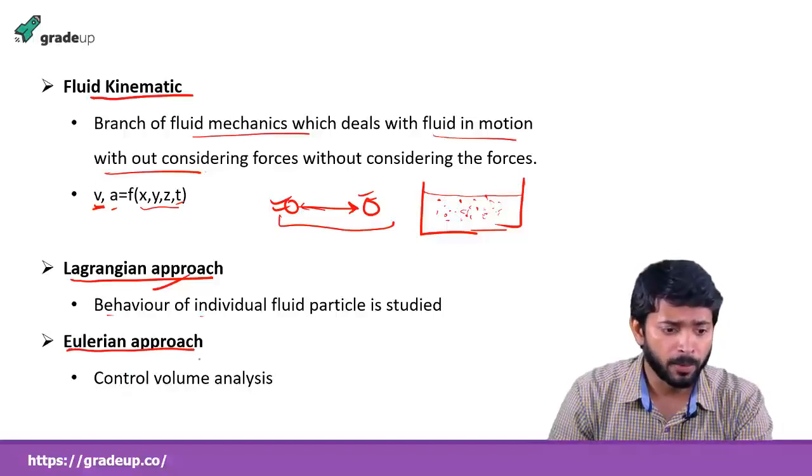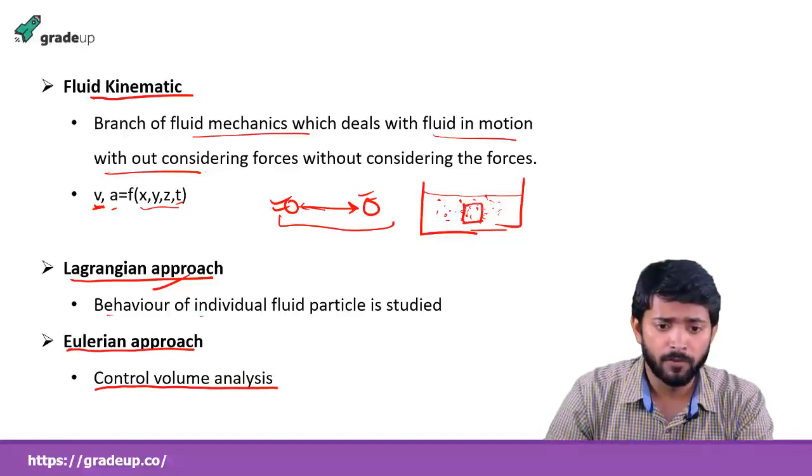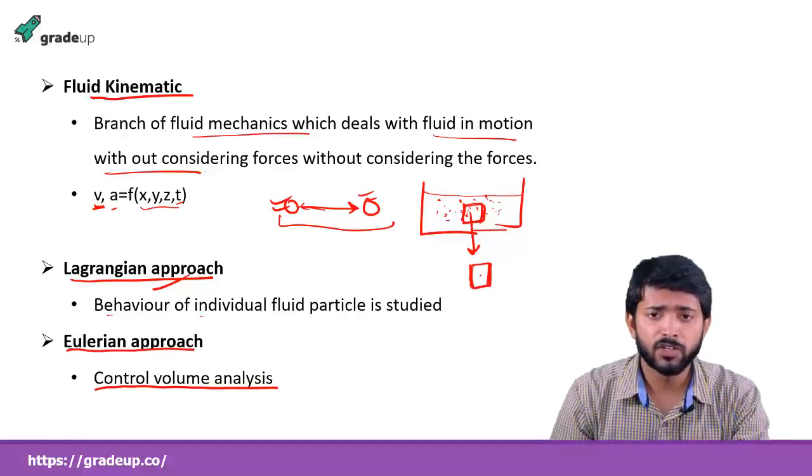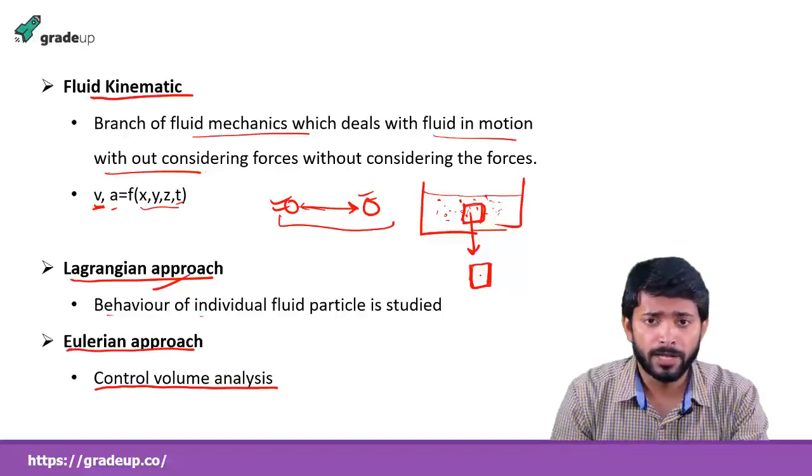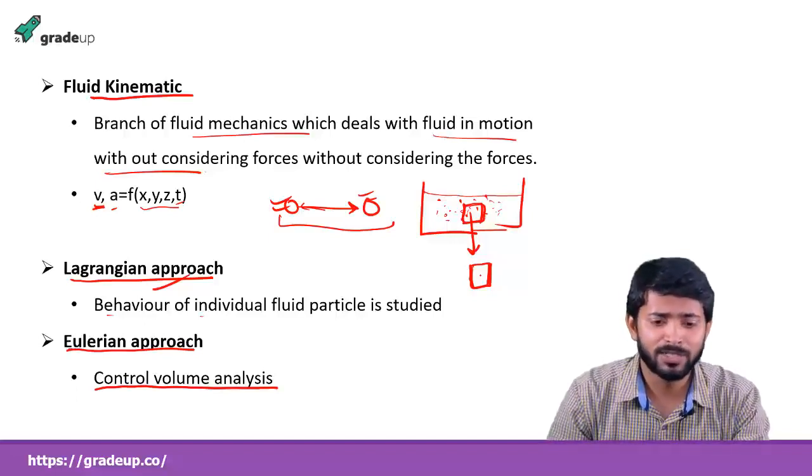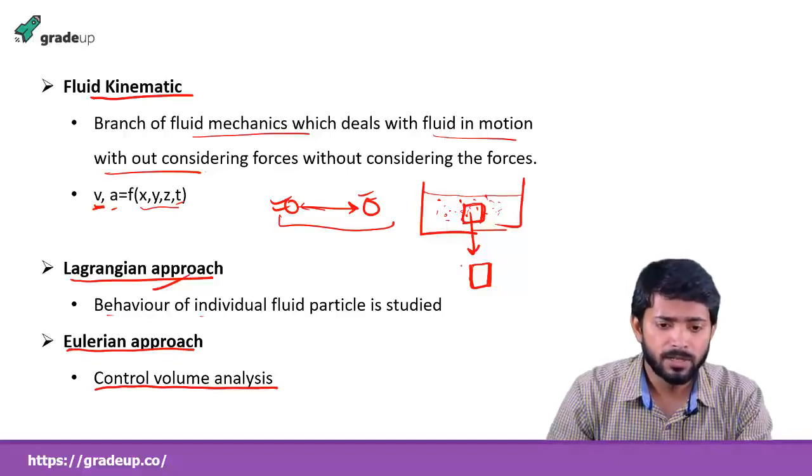In the Eulerian approach, we study a control volume. Here, a control volume is taken in a fluid. The variation of properties of fluid flow like velocity, change in velocity, change in acceleration, density and pressure, these kinds of changes we will study by taking a control volume.